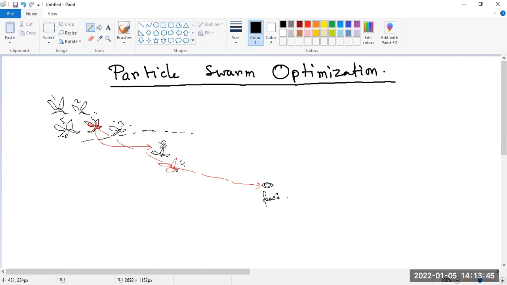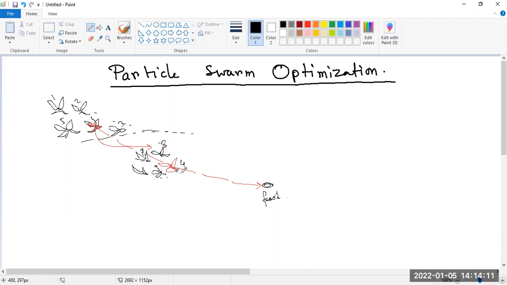This position is three, this position is two, they also change, but they don't know what happens. Bird one is still at the back side, and there are five birds.